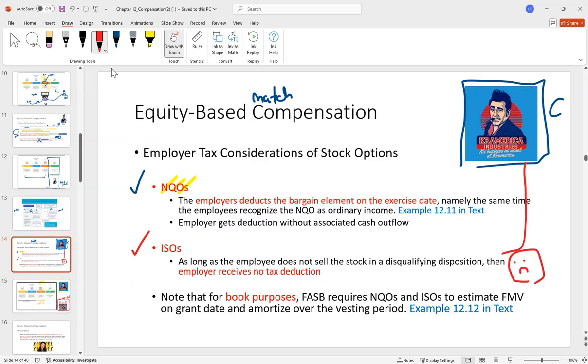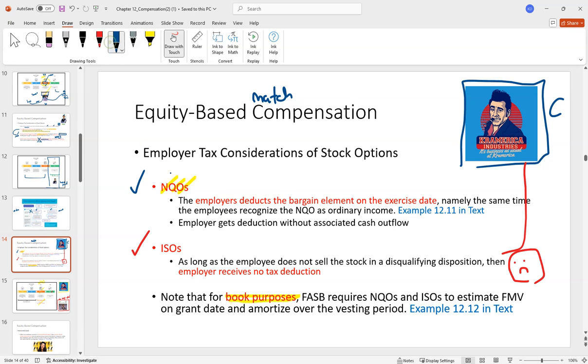So we talked about that. The last thing to be aware of is that this can give rise to book to tax differences in how we calculate stock options, because remember book, FASB, intermediate accounting, you also get a compensation expense, but they have their own rule for what they do.